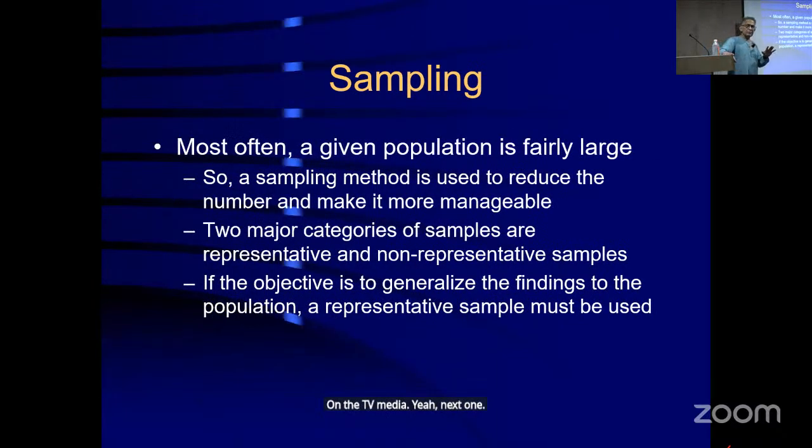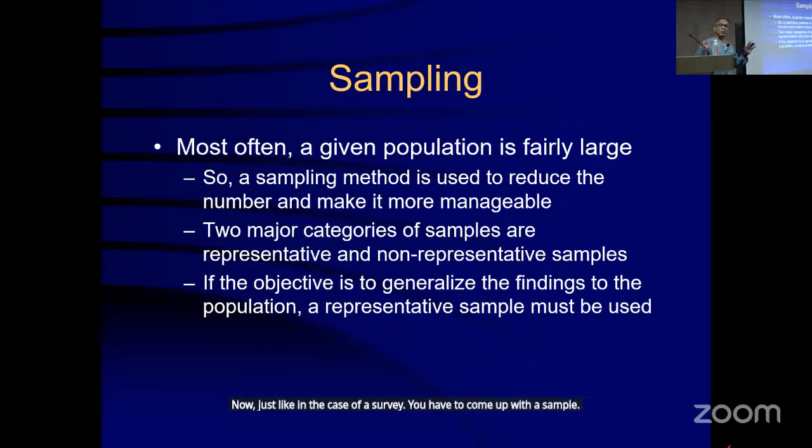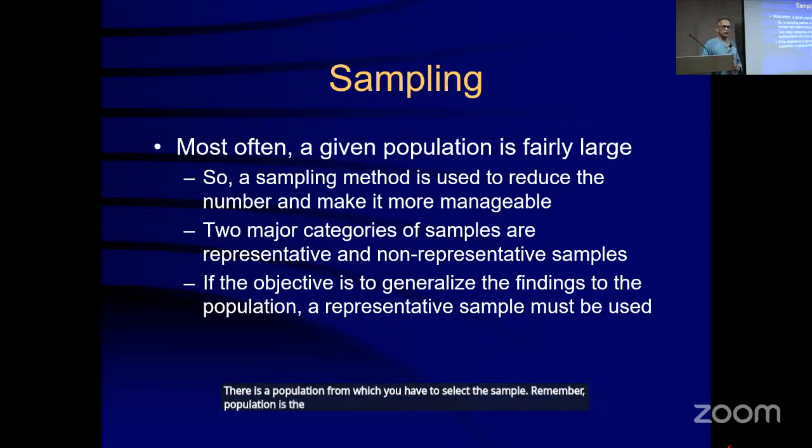Now, just like in the case of a survey, you have to come up with a sample. There is a population from which you have to select the sample. Remember, population is the messages.